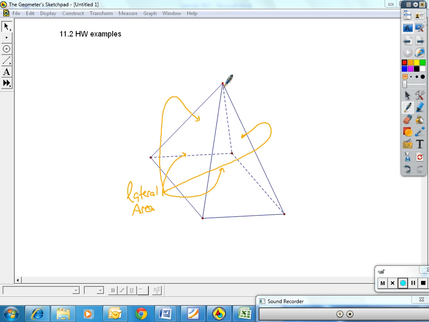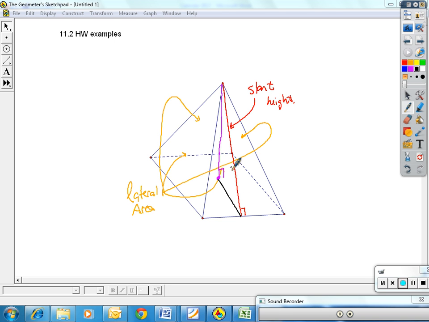Okay, slant height. This right here is slant height. It goes perpendicular from the vertex perpendicular to the base. So this right here is what we call a slant height. That is different than the height of the pyramid, which drops down inside here. Can you picture the difference there? This actually makes for a triangle.